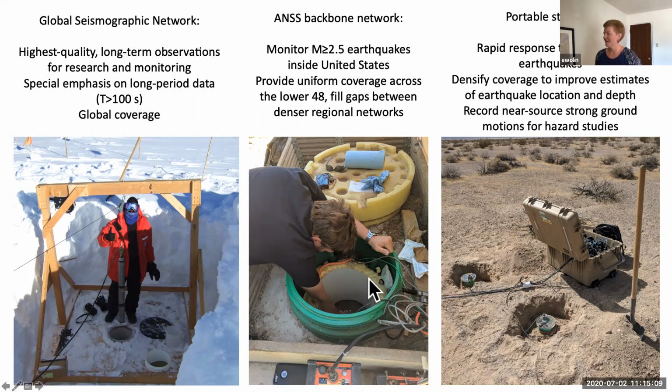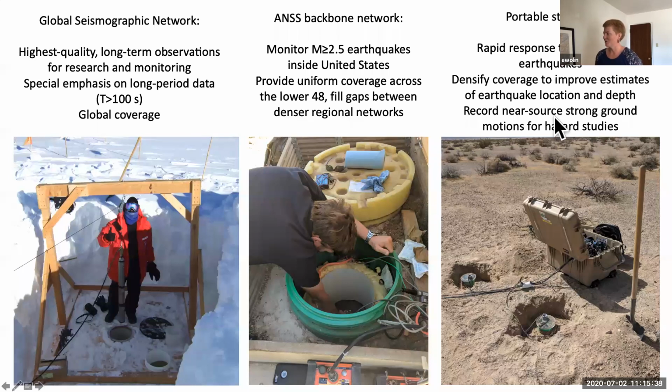Here we have a different kind of instrumentation. This is a borehole sensor here. This is a vault style sensor. This vault is actually a strong motion sensor. So we have a strong motion sensor here and a broadband sensor over here. This is not going to record the same long period data as that really, really quiet GSN station, but it's sufficient for regional monitoring needs.